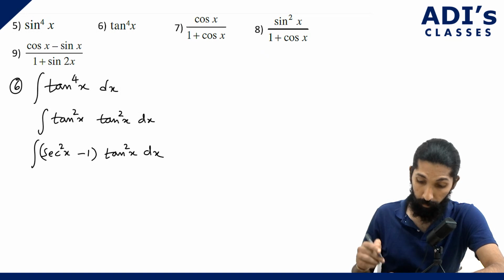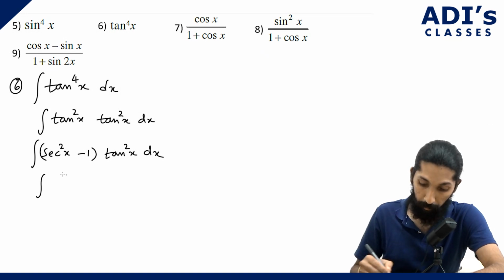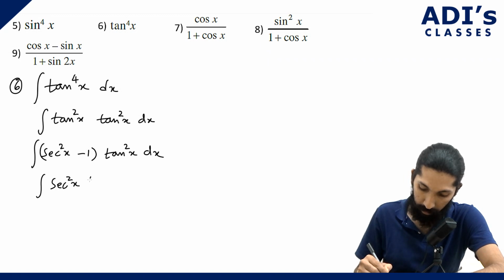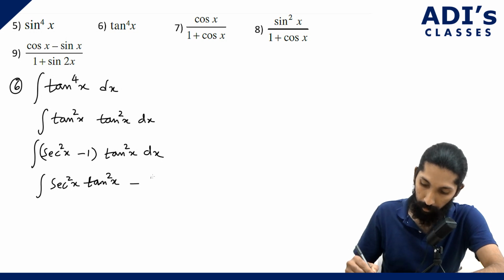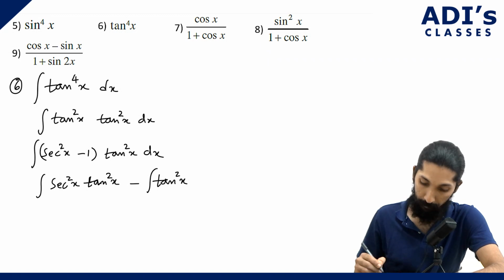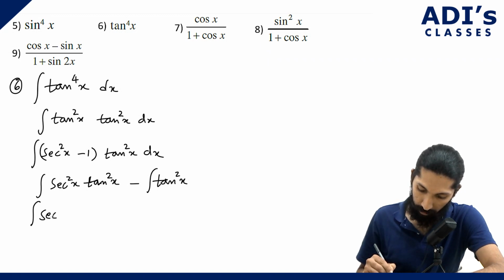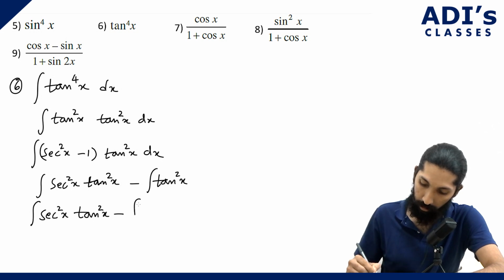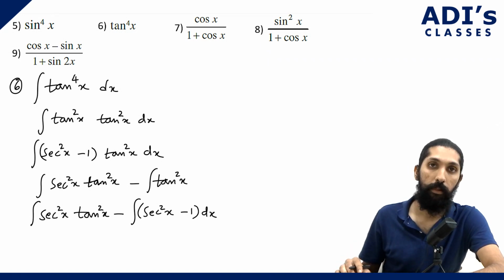So what we do now is multiply. That means secant square x into tan square x minus integral of tan square x, right? So integral of secant square x into tan square x, minus integral of (secant square x minus 1) dx, correct?